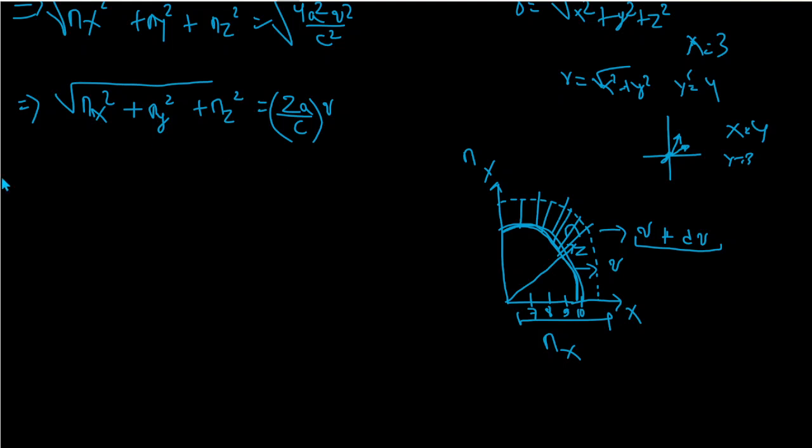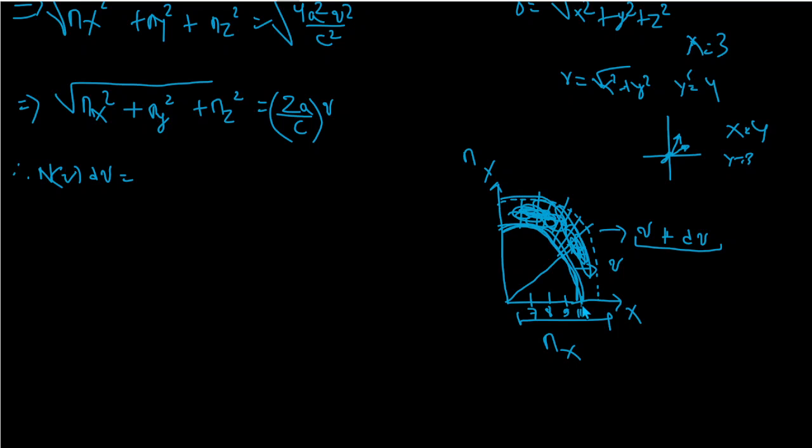An important conclusion here I'm going to write: NvDv, which is the number of standing waves in this particular shell region. This is the bigger sphere and this is the smaller sphere in the first octant, because we only have to take the positive values of nx, ny, and nz, not the negative values.